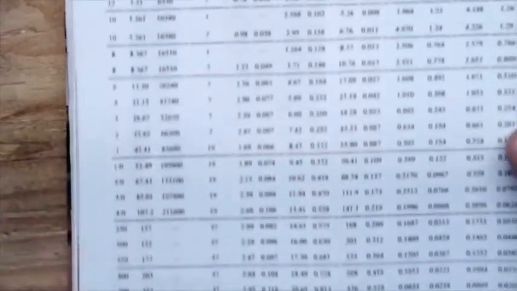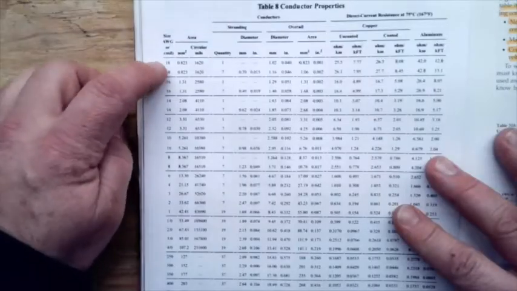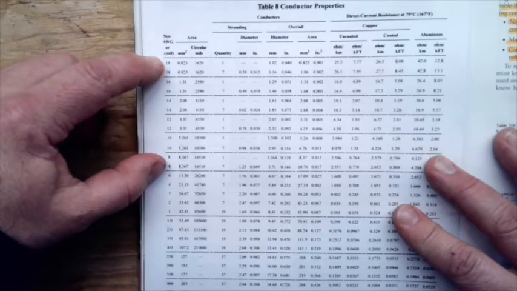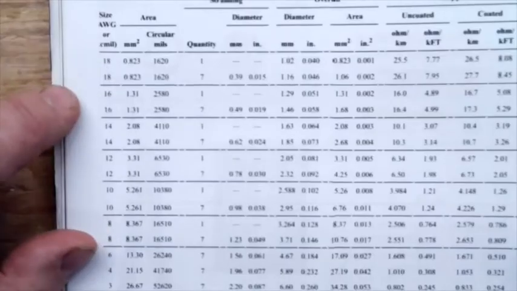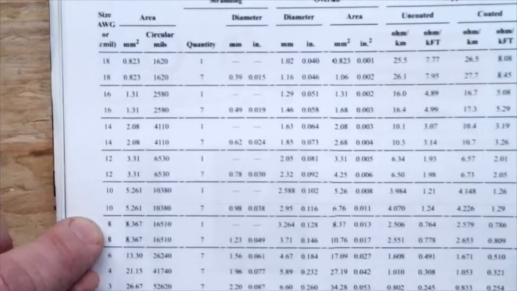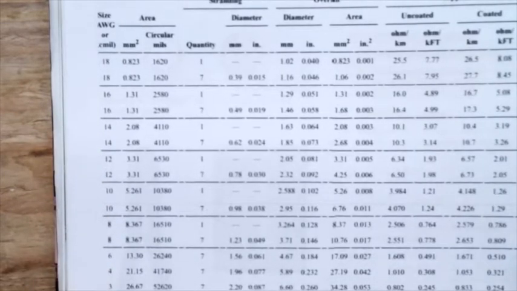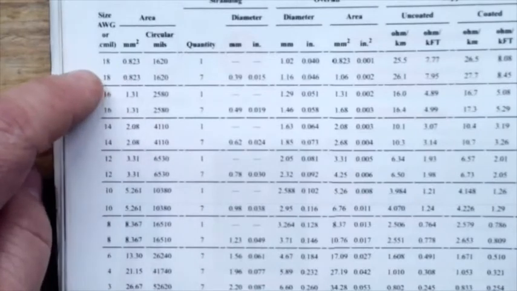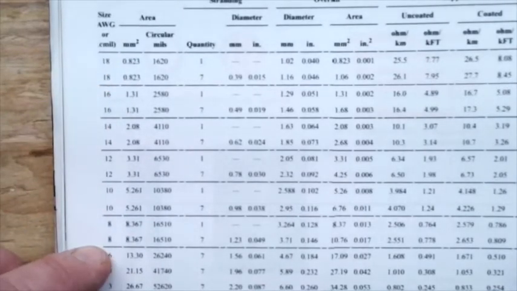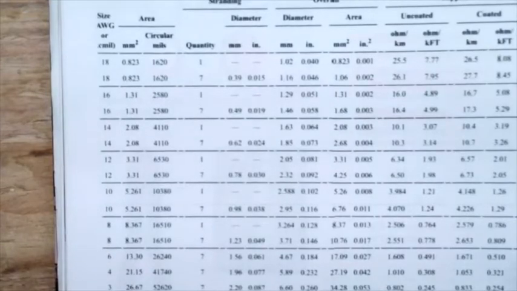You'll notice from 18 up to 6, we have 2 of every number: 18, 18, 16, 16, 14, 14, 12, 12, 10, 10, 8, 8, and then it's 1. The difference is that one is solid and stranded, and then this is only stranded.